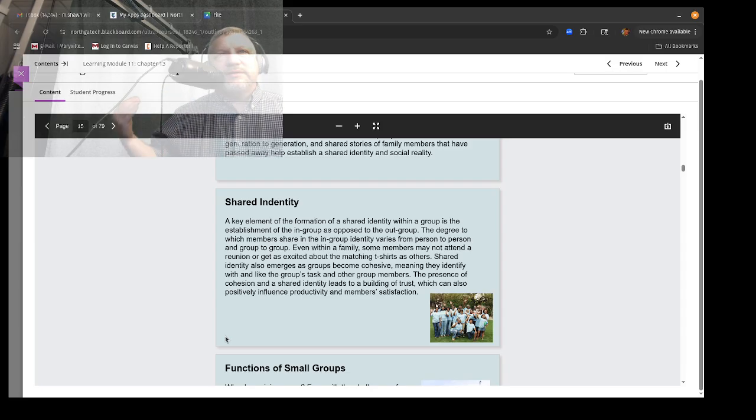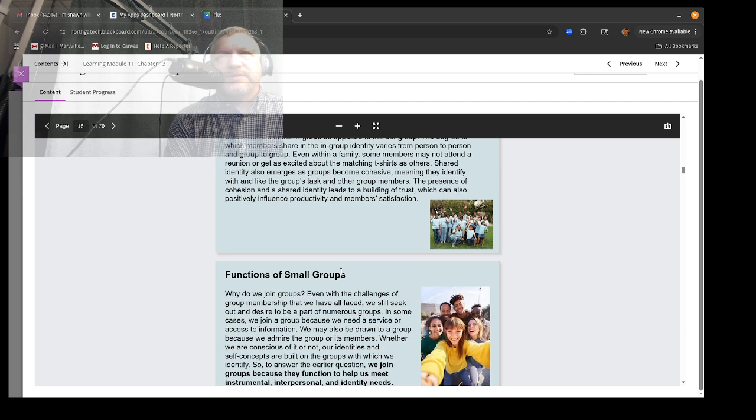But yet, sometimes people at the family reunion show up and they don't have the matching t-shirt, or they're friends of people in the sorority that show up for an event. They're the out-group, right? But yet they're all part of this event and they all have some sort of cohesion and work together towards that goal.